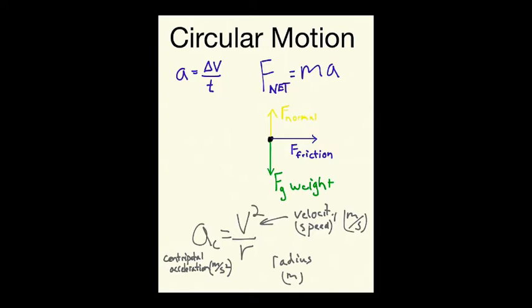But we give it this name, centripetal, meaning center seeking, and it is a force that causes an object to move around in a circular path. So Fc is really mass times a sub c. Again, it's not a new force. It is just any force that causes an object to move around in a circular path.